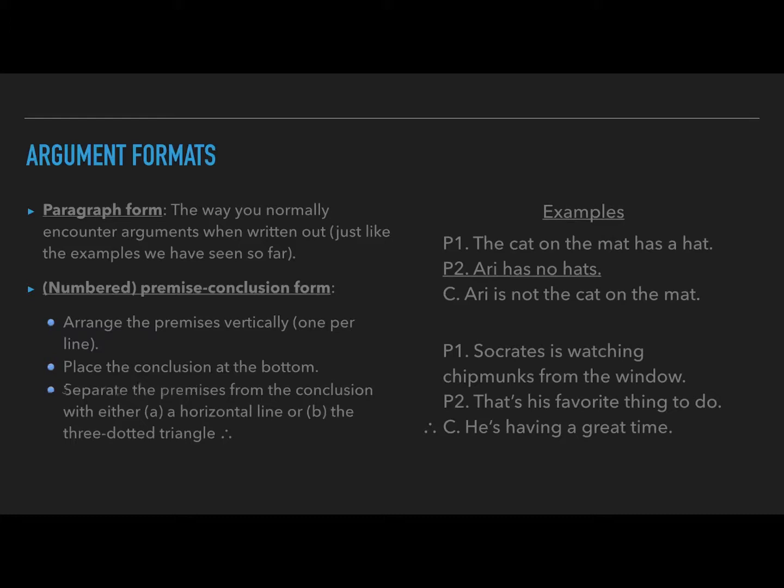Both of them are just two alternative ways of separating the premises from the conclusion. Okay? And then give them labels: premise 1, premise 2, P1, P2, and C for conclusion, and so on. Or sometimes people just use numbers or just letters, or you can label them however you want.